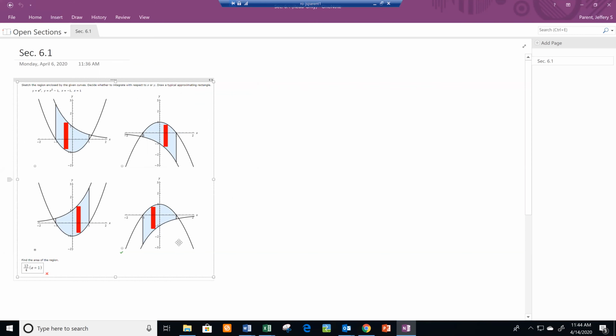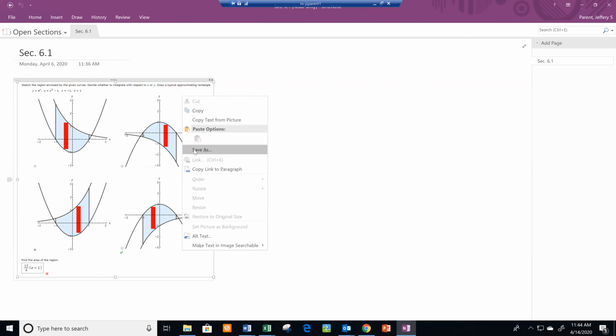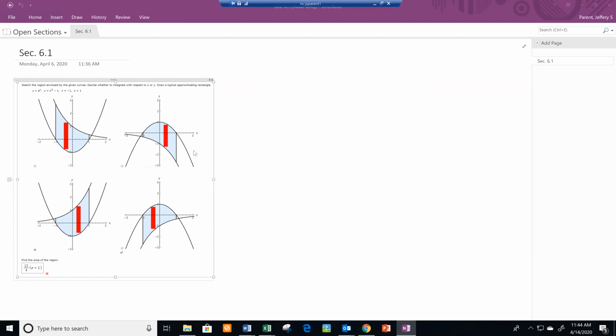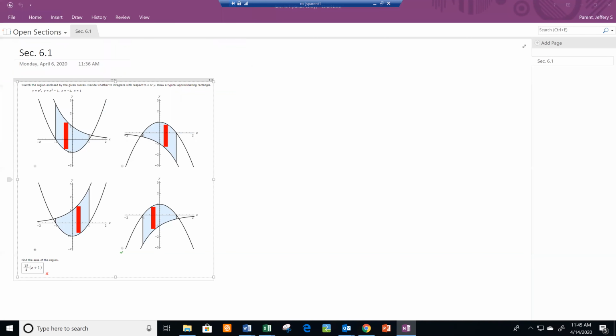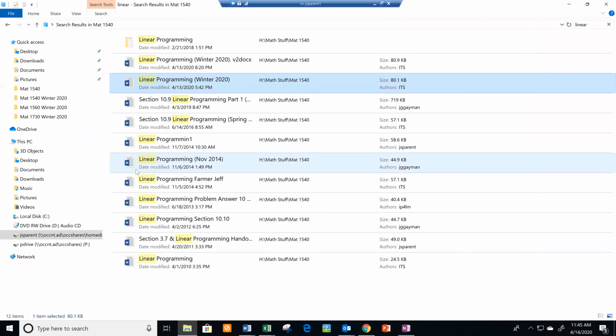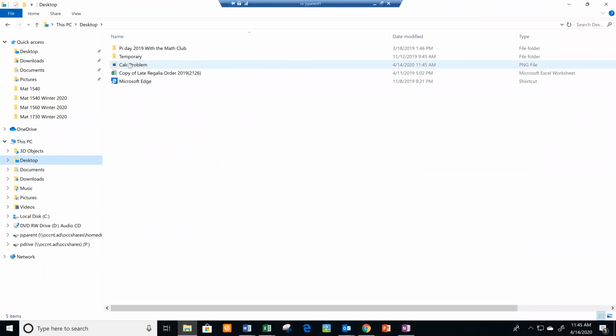You might need to save that bit as an image file, and then when you go back to the last screen you were on, insert the image file. Yeah, it's just not liking it for some reason. Let me see, desktop. All right, so let's see if we can do it this way. Desktop, calc problem.